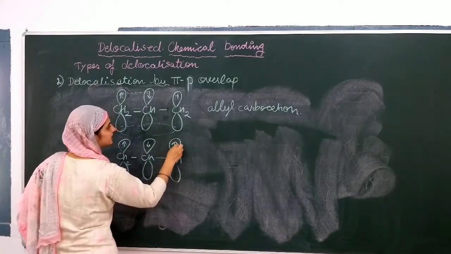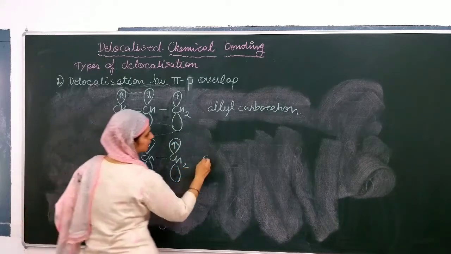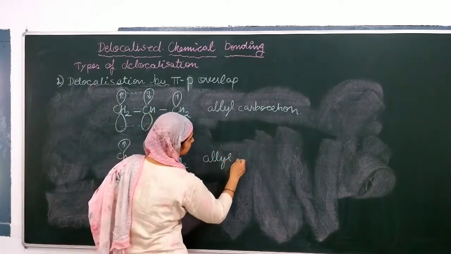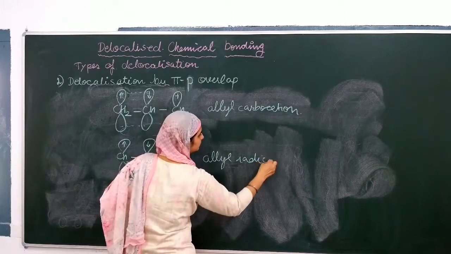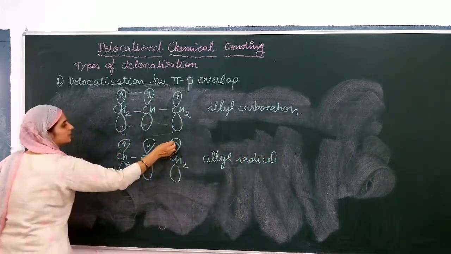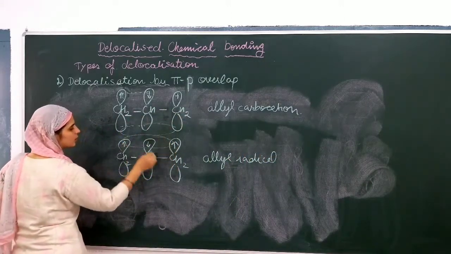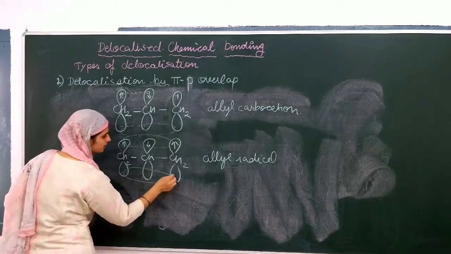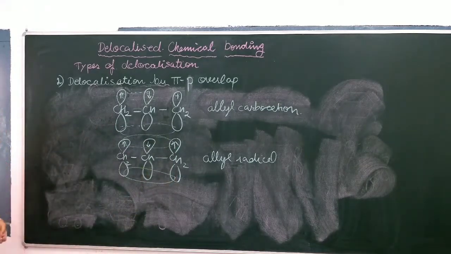In case of allyl radical, these three electrons are delocalized over these three carbon atoms.